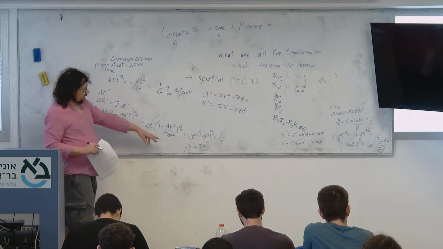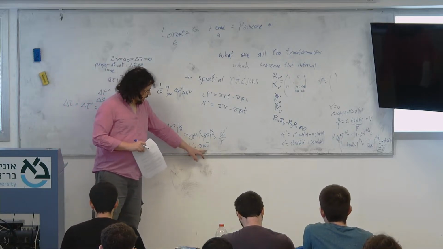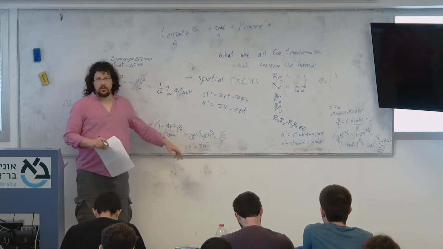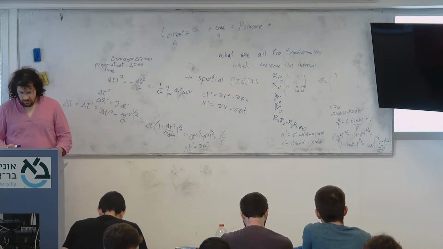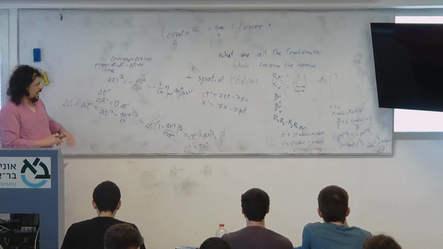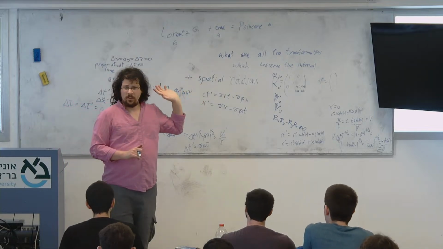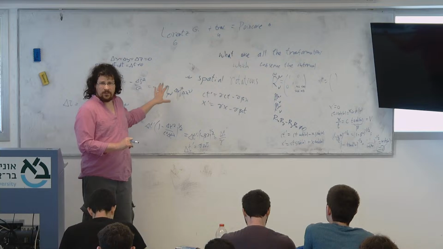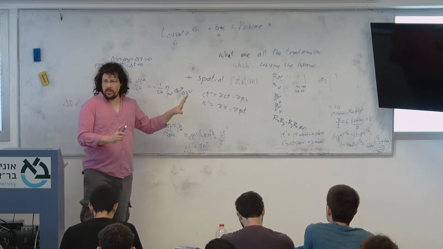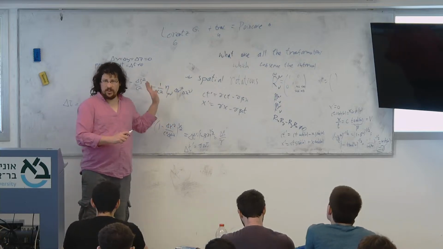So in any moving frame, time will seem to go wrong. Okay. I think you saw all of this in your special relativity course. Who finds any of this so far new or unexpected? You've all seen this.